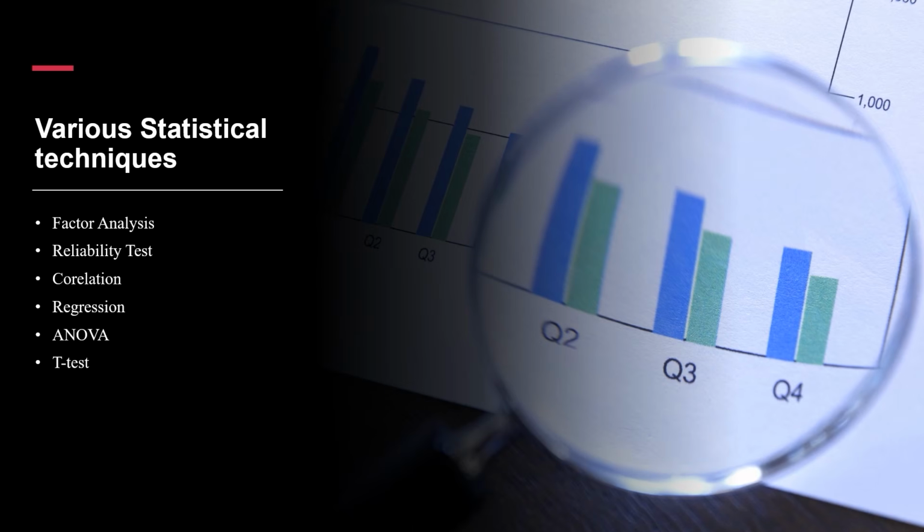Now we want to see the differences in the perception of these categories, what they think about buying behavior for some product. So we'll see how undergraduate people perceive that product, how graduate, how postgraduate, and how above postgraduate people perceive it. So when we have more than two categories, we always prefer to use ANOVA over there.